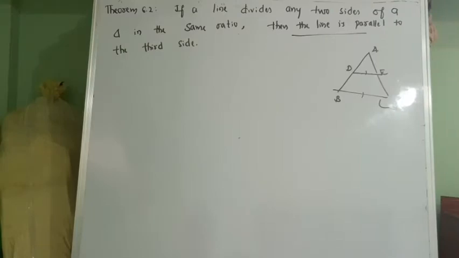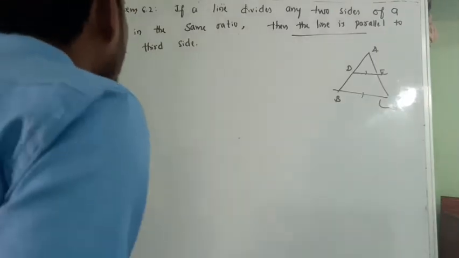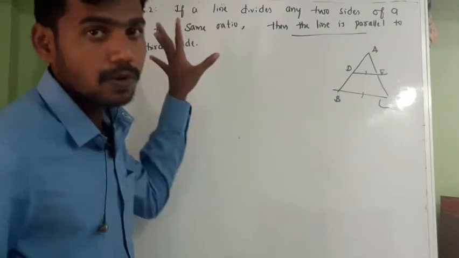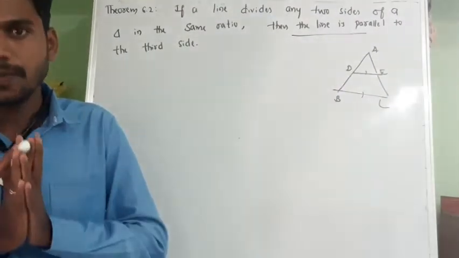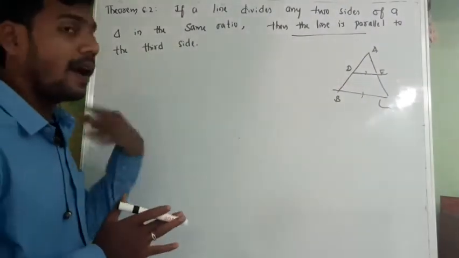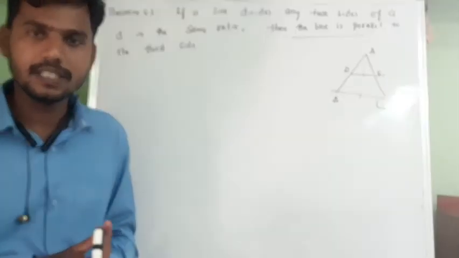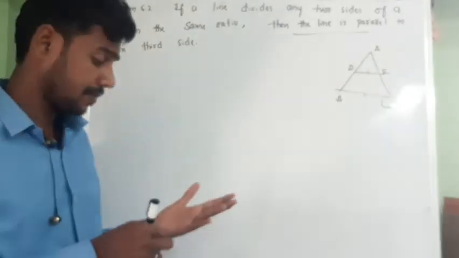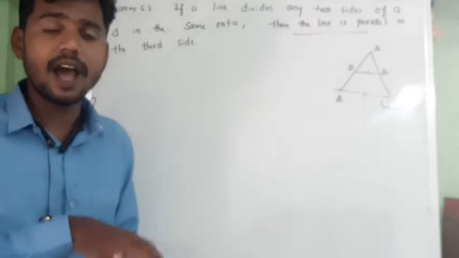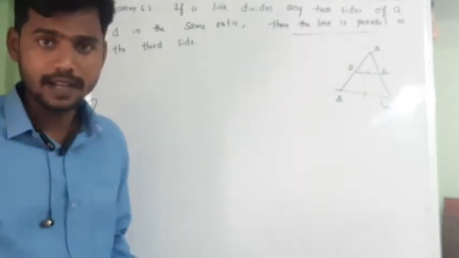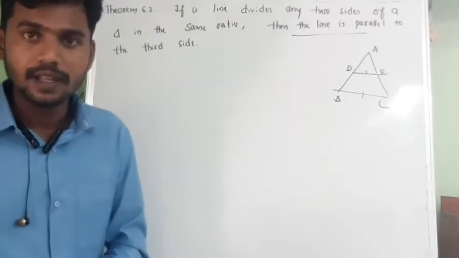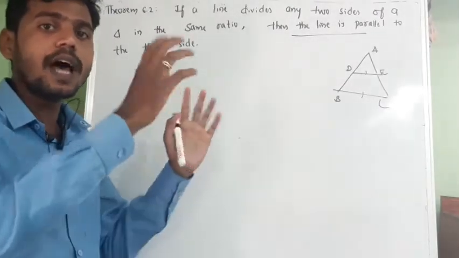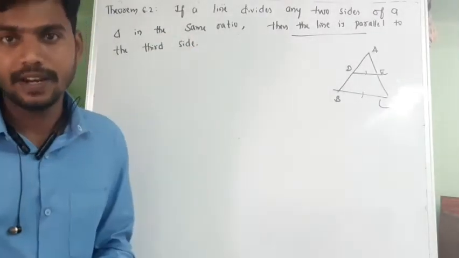Dear students, we will go through the second theorem of this exercise, that is the converse of the basic proportionality theorem. Here the proof is not important from your examination point of view. What does the basic proportionality theorem state? Just now we studied: in a triangle, if a line is drawn parallel to a side so as to intersect the other two sides at distinct points, then the other two sides are divided in the same ratio.